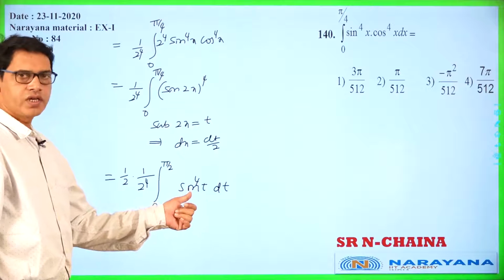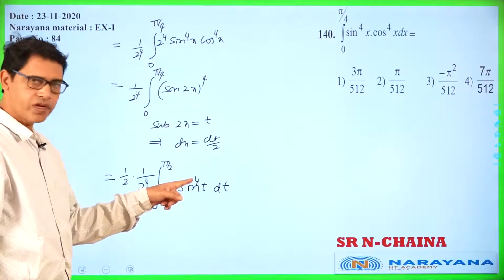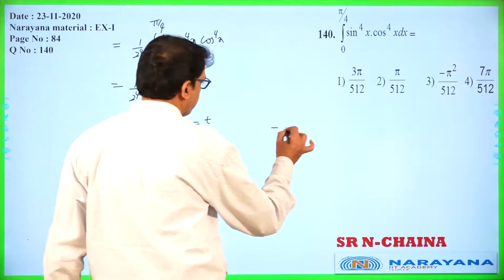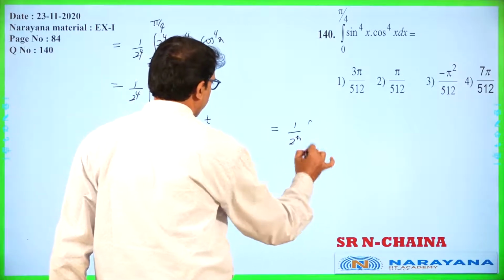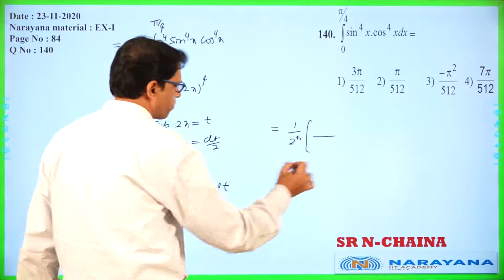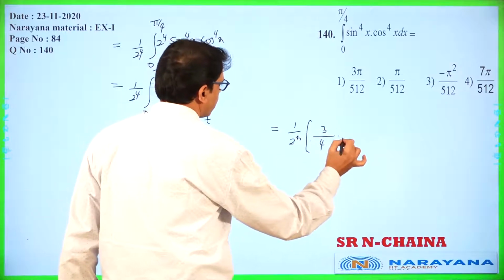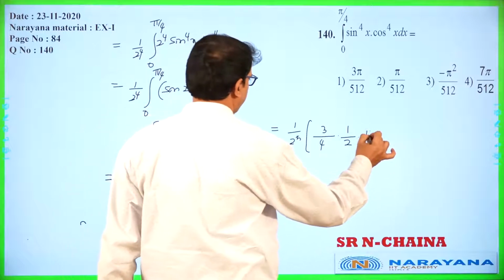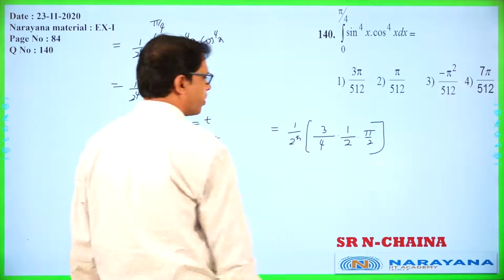Now apply the reduction formula. Index is even, so the last term will be pi by 2. Therefore that equals 1 by 2 to the power 5 into, first begin with 4, 3, 2, 1. The last will be pi by 2.